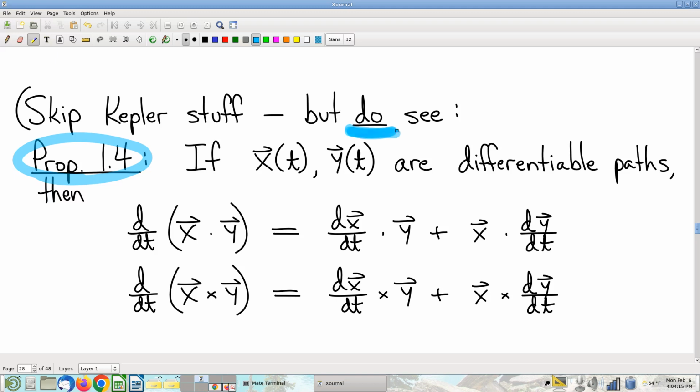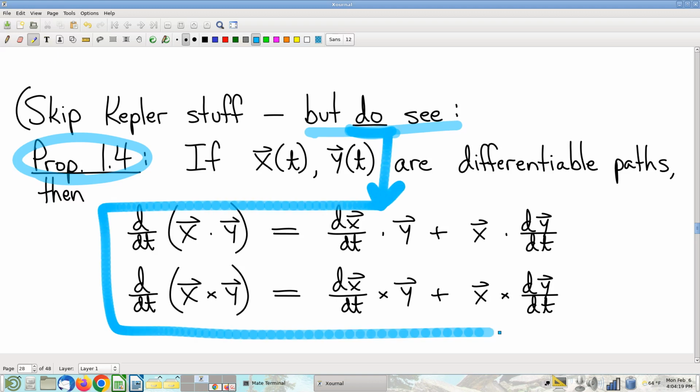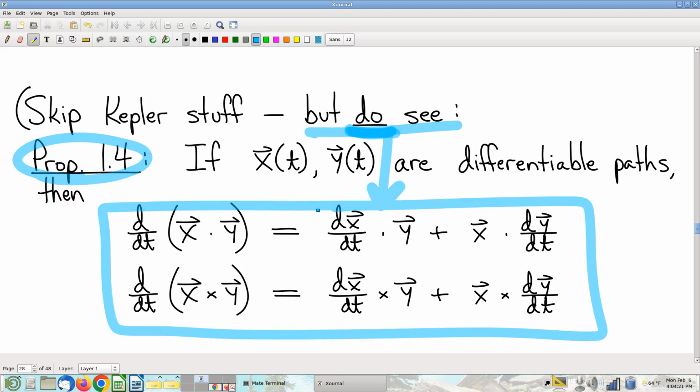So that is these two formulas right here. They're sort of product rules, if you will, for derivatives of vector valued functions of a single variable. And we have a dot product rule, and a cross product rule.